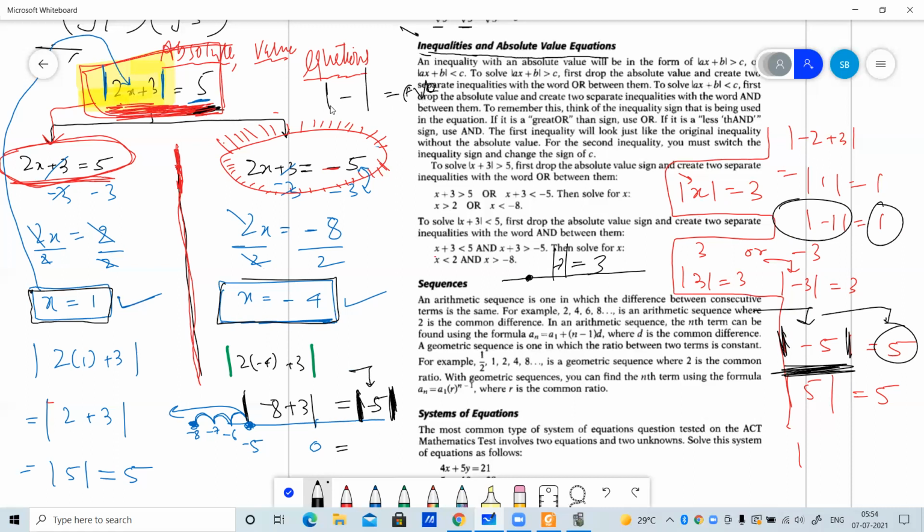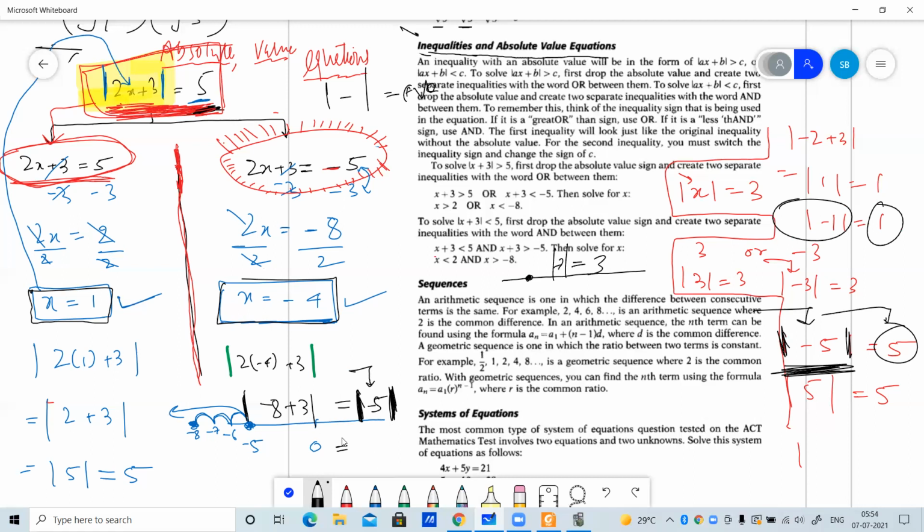Absolute value of negative 5, how much will it be? You have to just drop the negative sign.